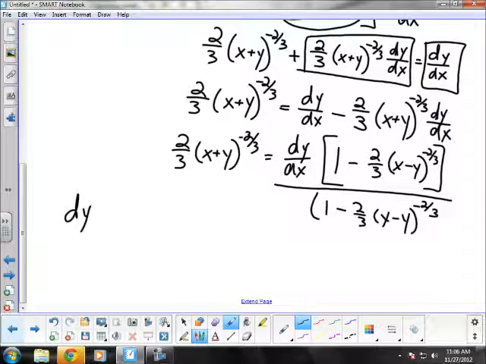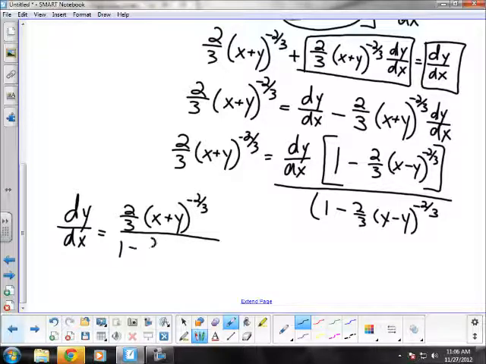So dy/dx is 2/3 (x plus y) to the negative 2/3 over 1 minus 2/3 (x plus y) to the negative 2/3. I don't know why I turned them into minuses over here. When I wrote it down over here, I had minus signs in them. Okay? So, that's the derivative.